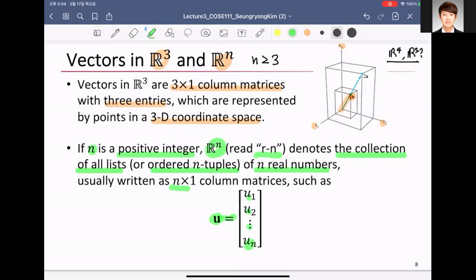This is the general formulation of our vector in Rn space. This is the definition of a vector in Rn.